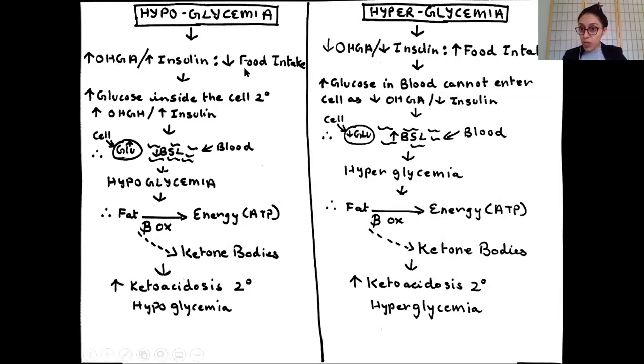When you have less food intake and you may have high insulin or high oral hypoglycemic agents, which is the medication type 2 diabetic individuals are prescribed, such as metformin, to regulate their blood sugar levels, for their pancreas to be more activated so that they release a sufficient amount of insulin. So these are called oral hypoglycemic agents, OHGA.